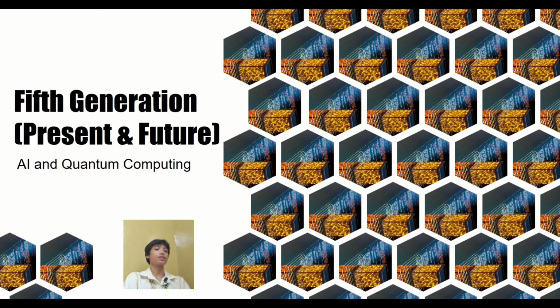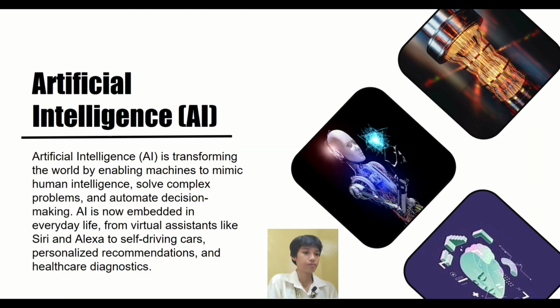And we have here the last generation, which is the fifth, the present and future. We will be discussing AI, or what we call artificial intelligence, and quantum computing. Artificial intelligence is transforming the world by enabling machines to mimic human intelligence. When we say mimic, it copies human intelligence.